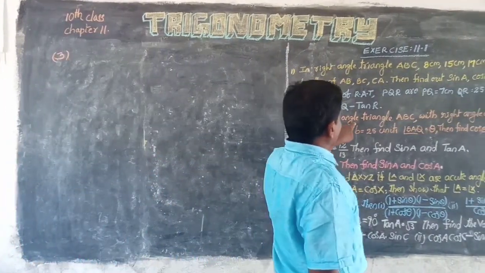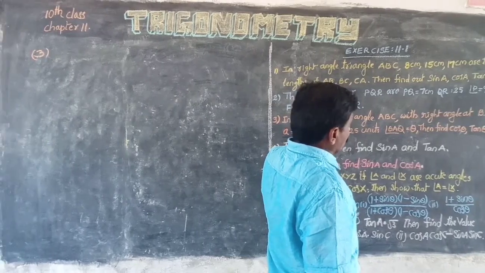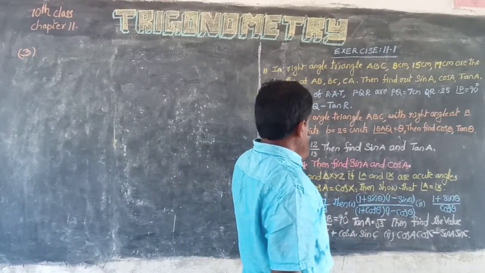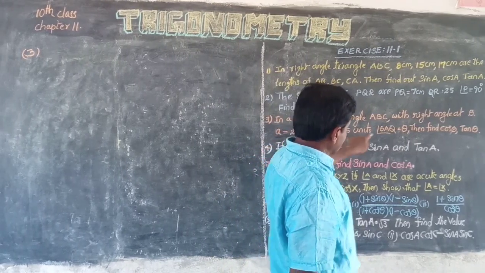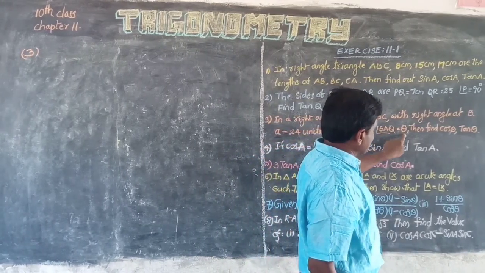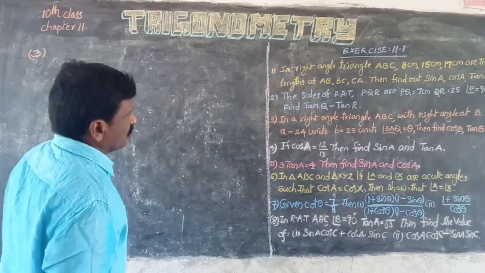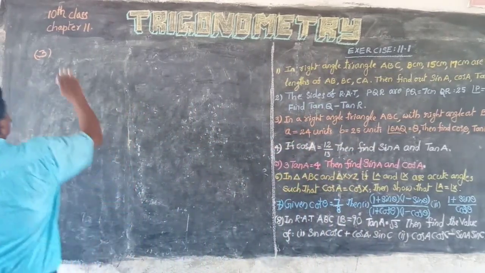In a right angle triangle ABC with right angle at B, a is 24, b is 25, angle BAC is theta, then find cos theta and tan theta. Third sum. Solution.